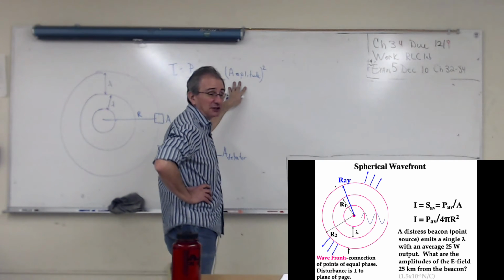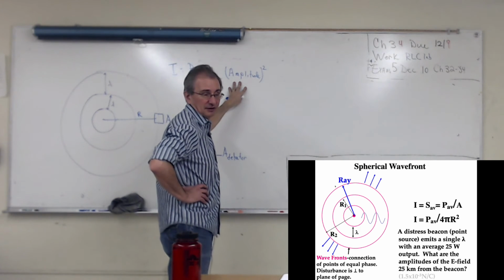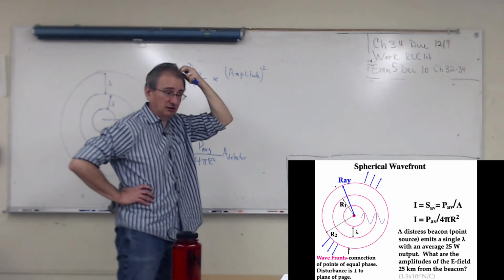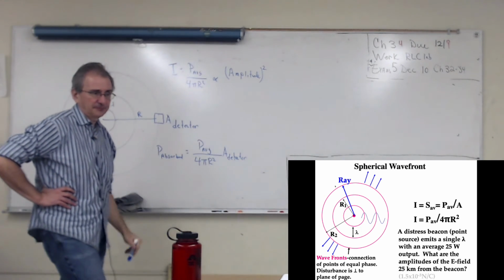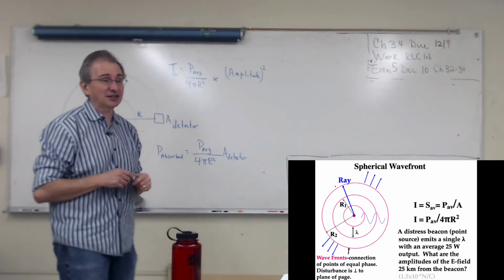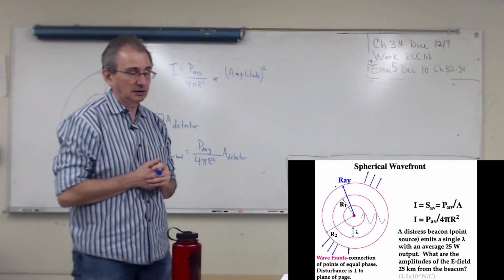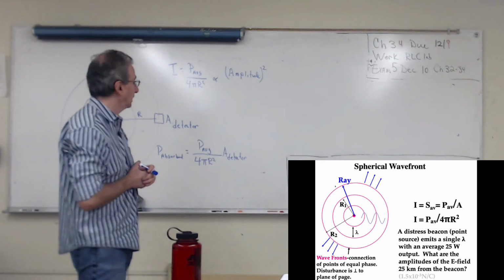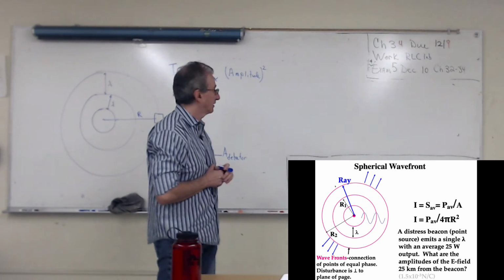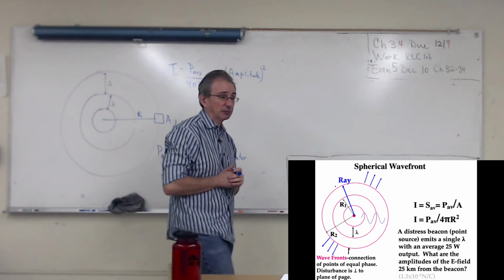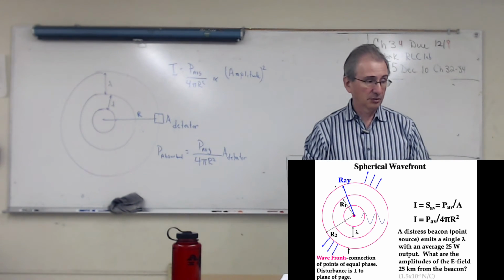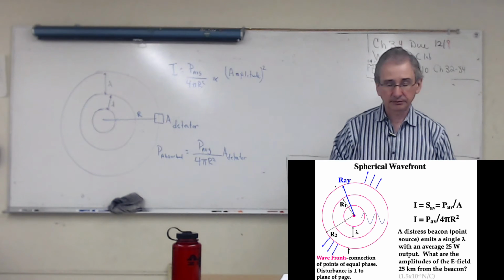And if you had a cylindrical wave, then the amplitude would actually have to depend on 1 over the square root of r, because the surface area of a cylinder just depends on r. But the intensity depends on the amplitude of the electric field squared. Okay.